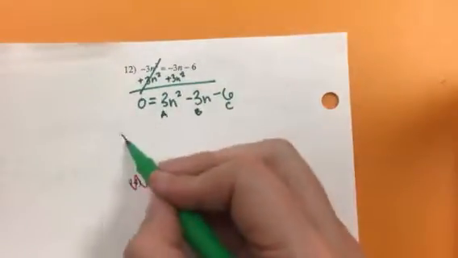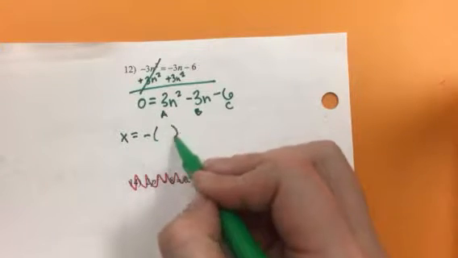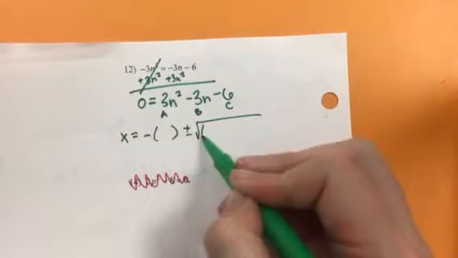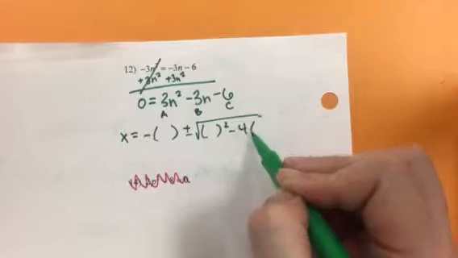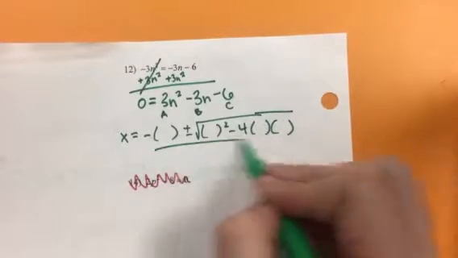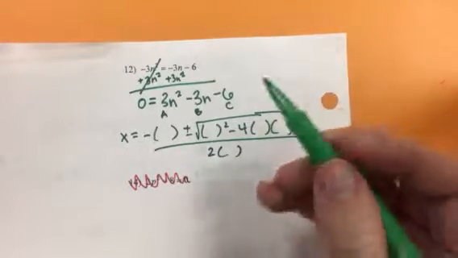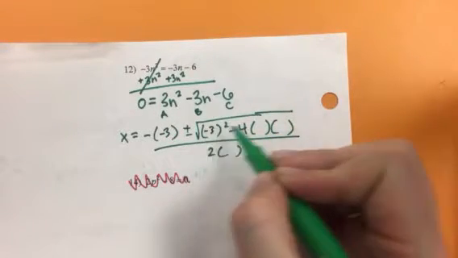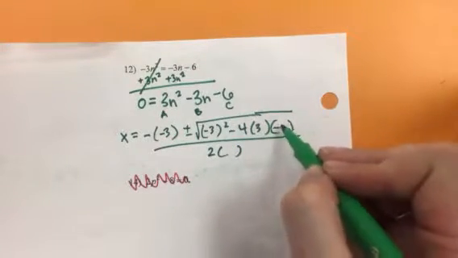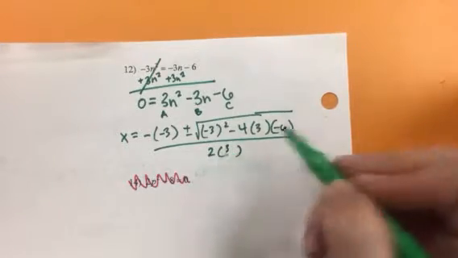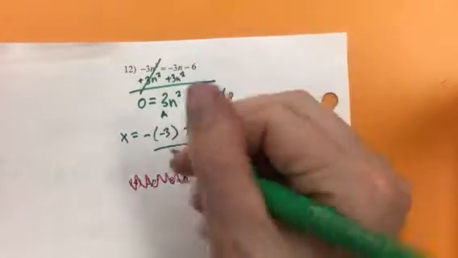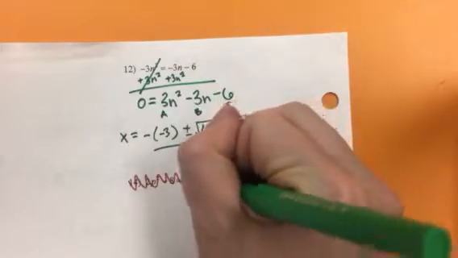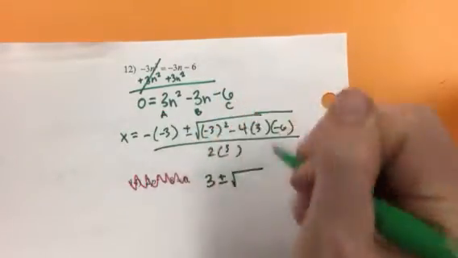So we can write x equals -b plus or minus the square root, b squared minus 4ac all over 2a. Plug them in, b goes first, a, c all over 2a, which gives us two negatives make a +3 plus or minus the square root.